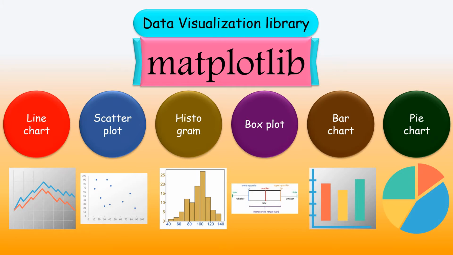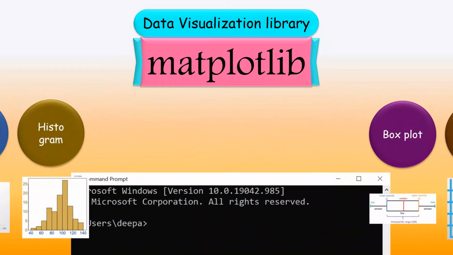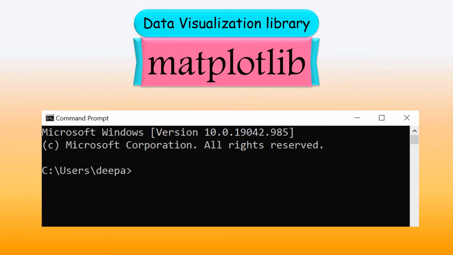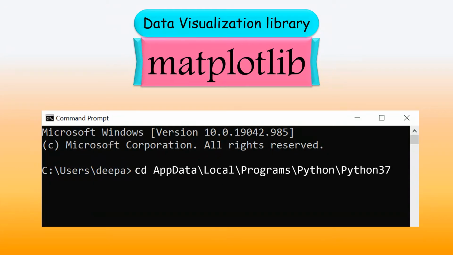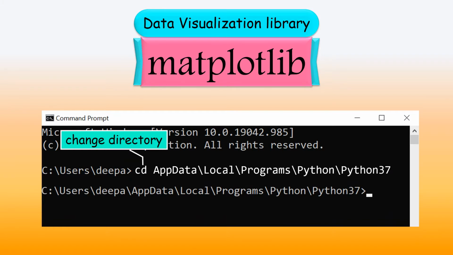Let me now show you how to install Matplotlib library in your system. For that, you should open command prompt window. Here you change the directory to the location where Python is installed in your system. Here CD stands for change directory. Press enter key and now you get the command prompt as follows.